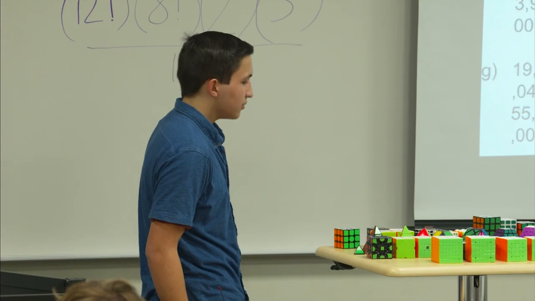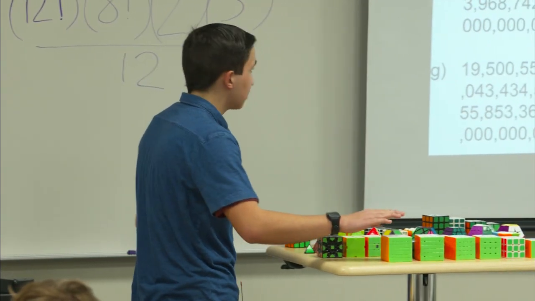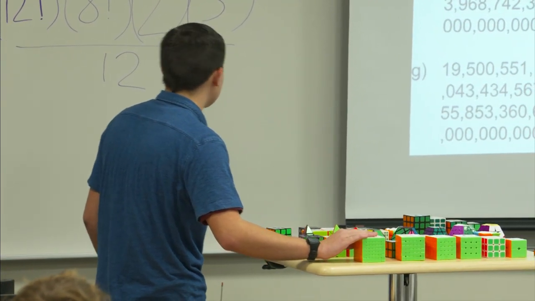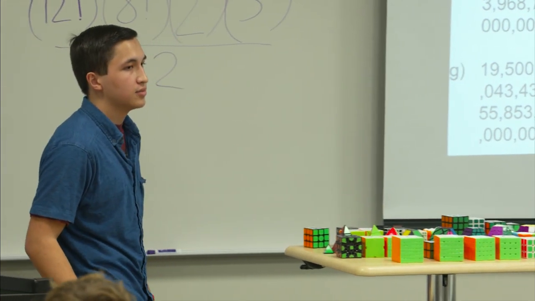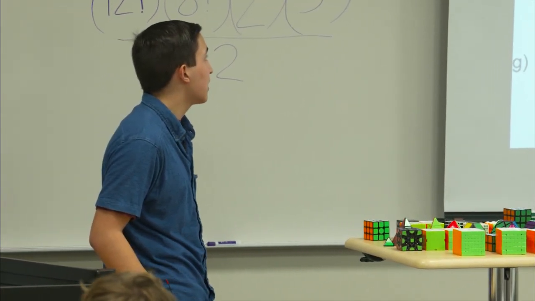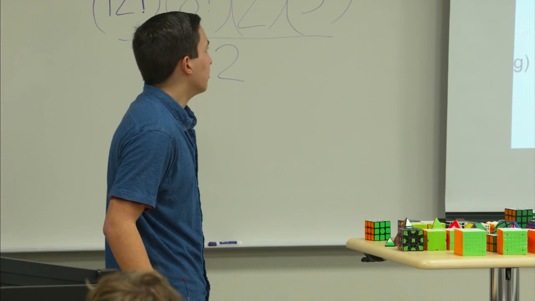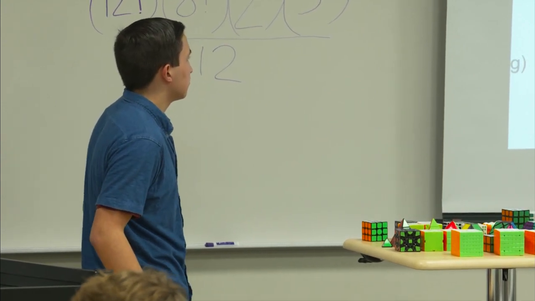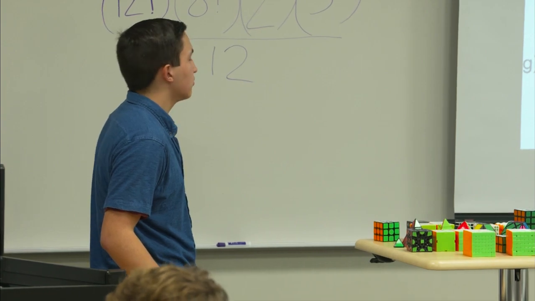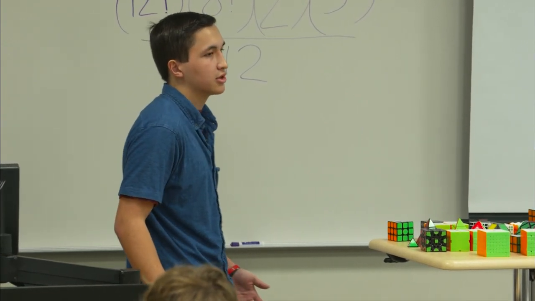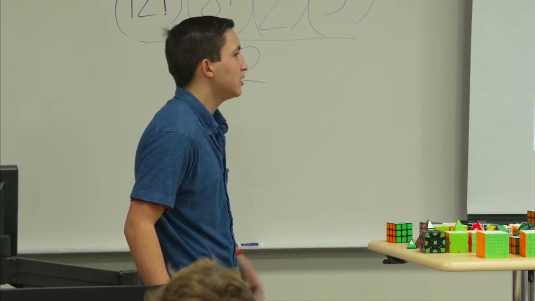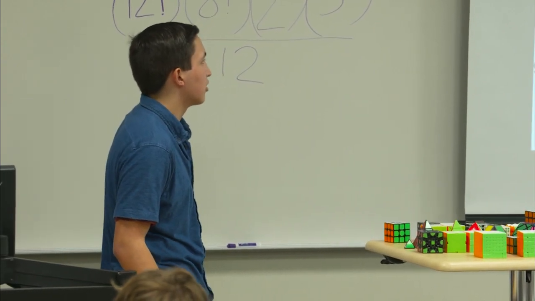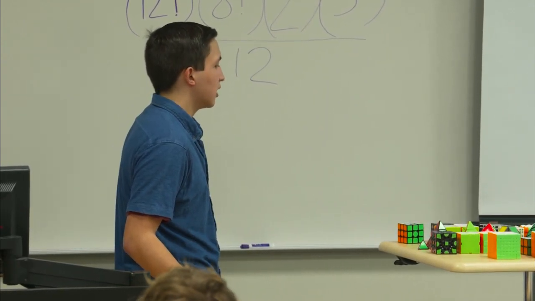And then let's go to the 7x7. The 7x7 has about 1.9 times 10 to the 160th power permutations. In the observable universe, there are about 10 to the 80th power of atoms.